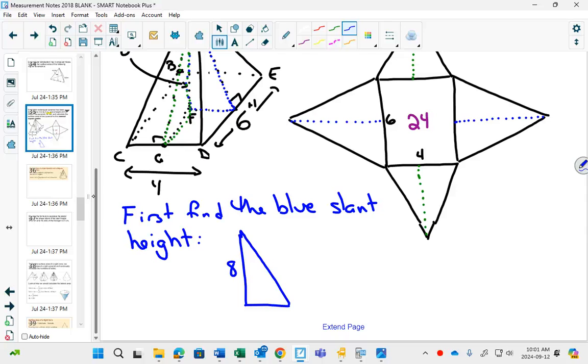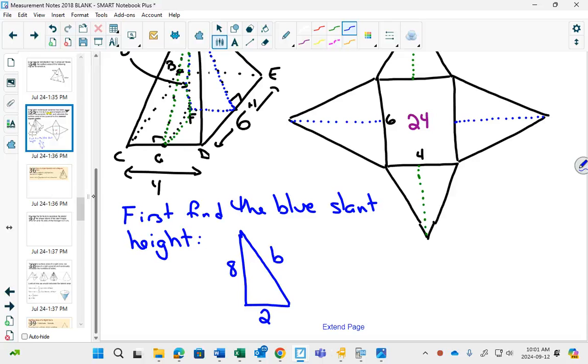Does it make sense that if all the way across is 4, that from here to the center will be 2? And I'm going to call this B because it's blue. You can choose X if you want. Doesn't matter what letter. But I'm just picking B because it's blue.